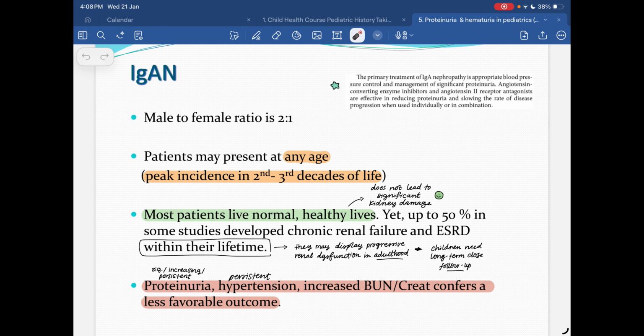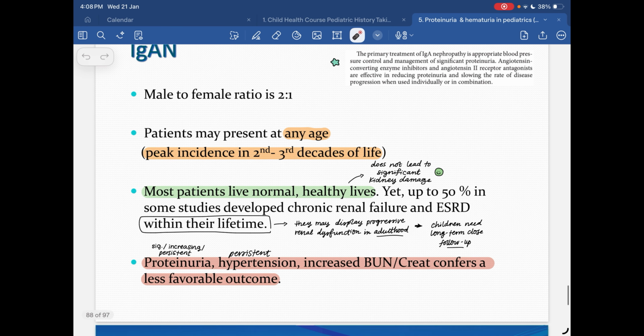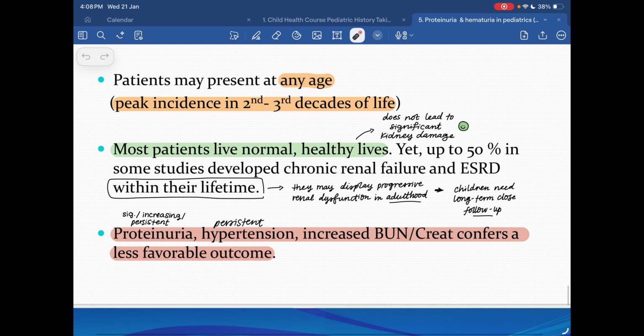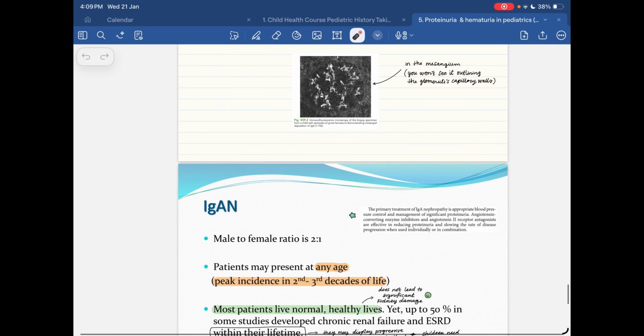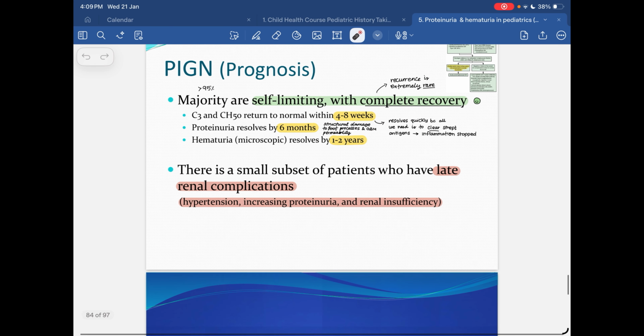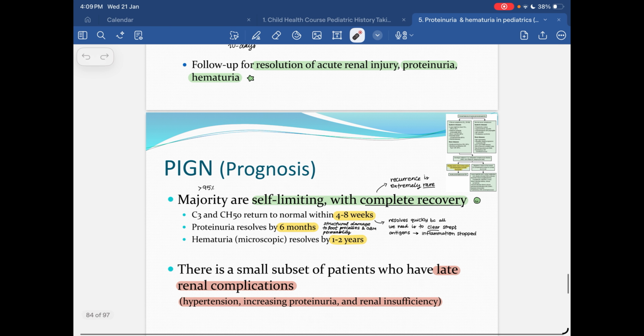متى نقول عندنا less favorable outcome لو كان kidney damage symptomatic. So يعني عندنا significant, increasing, or persistent proteinuria, persistent hypertension, azotemia اللي هو increased BUN or creatinine, and less favorable outcome. طب التريتمنت is basically نفس ما قلنا هنا post infectious.